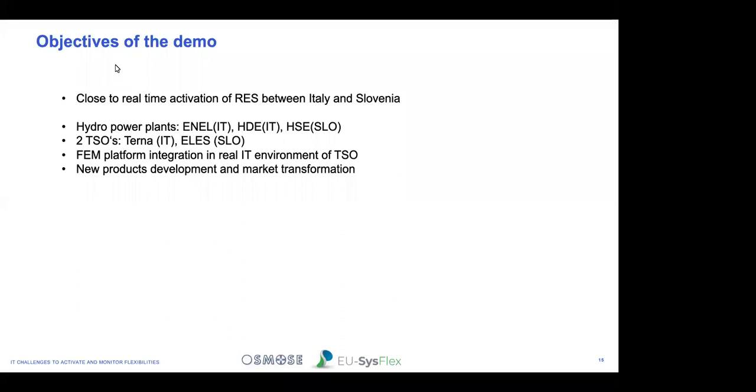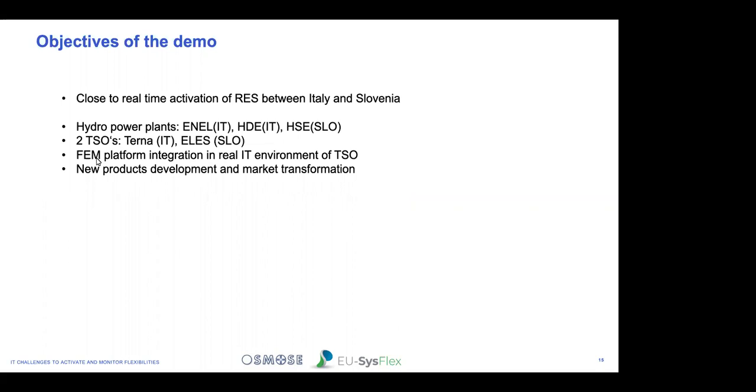So speaking about the hydropower plants, one from company Enel and one from company Hidrodolomiti Energia on the Italy side, and in Slovenia, the hydropower plant from the HSE company. Involved are, of course, two transmission system operators. On the Italy side, Terna, and on the Slovenia side, ELES.